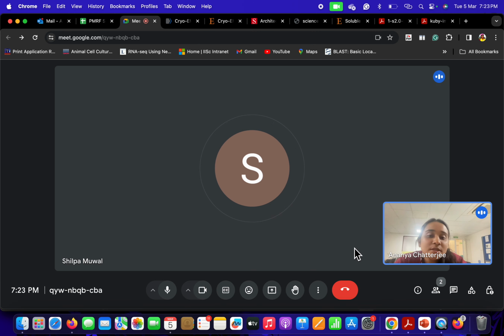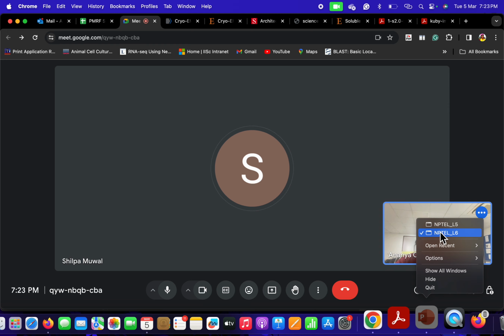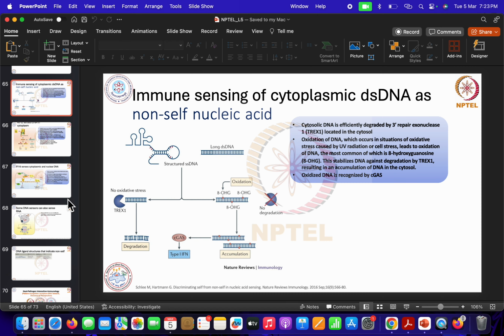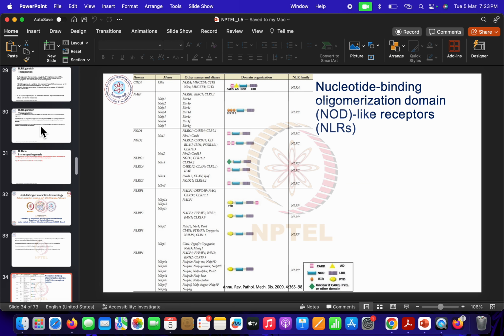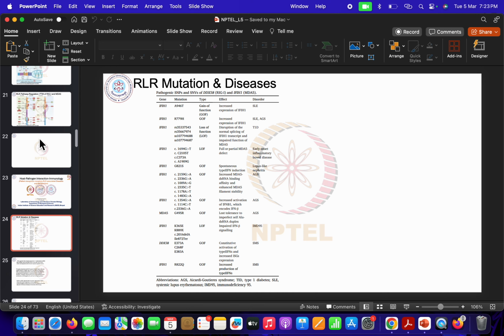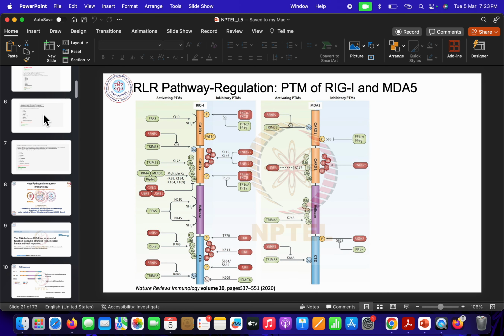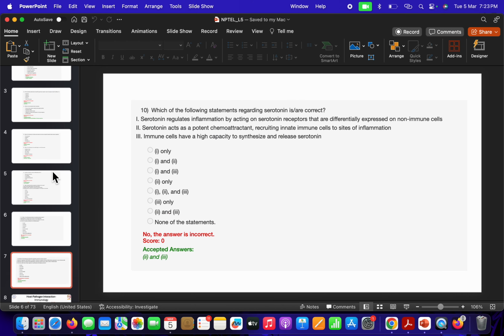So agonist means which helps, and antagonist means which doesn't help. Okay. So we have to go through those information slides where I will see. I can remember the exact information, but I can make you understand if we see the slide. What was the SLR question?